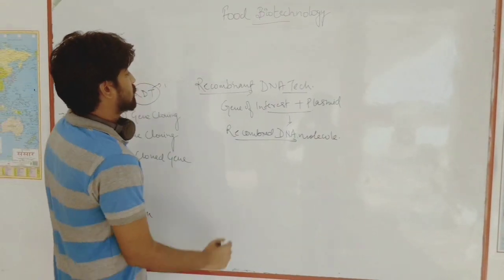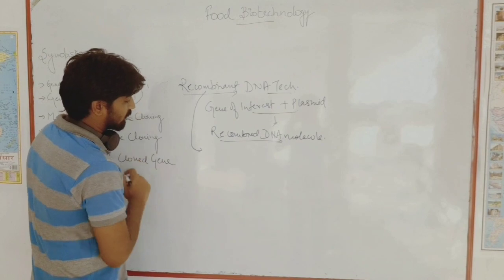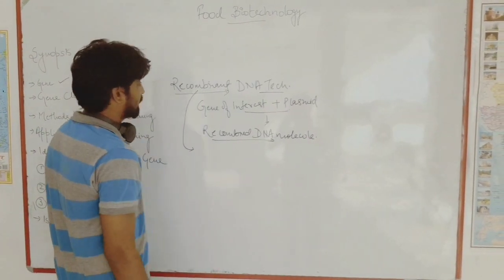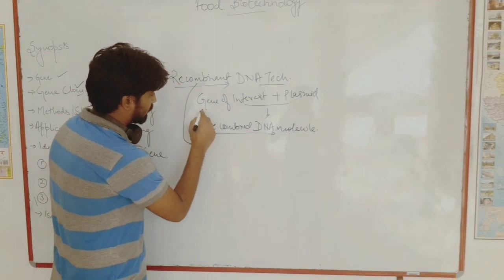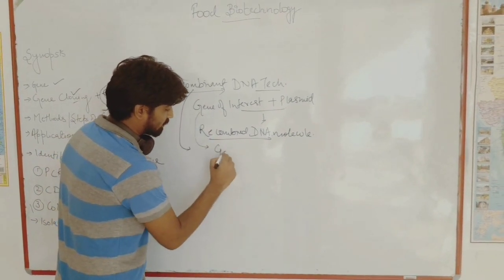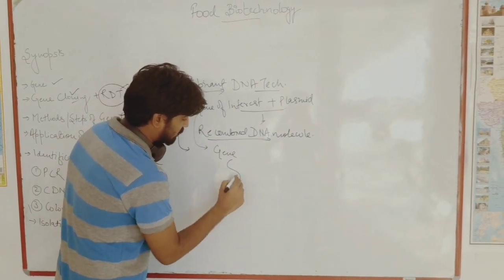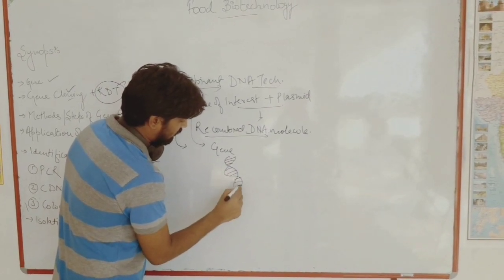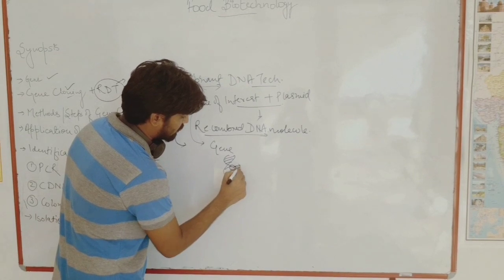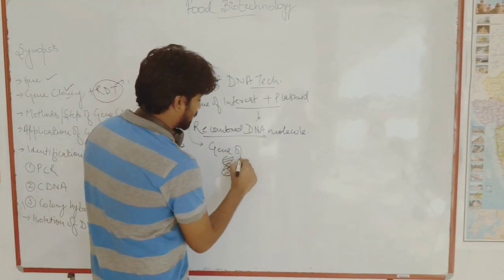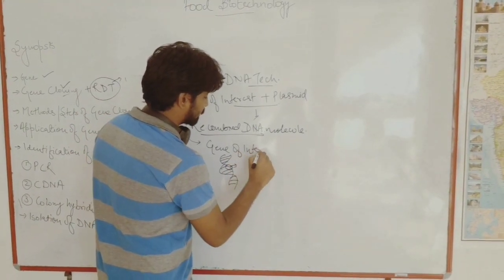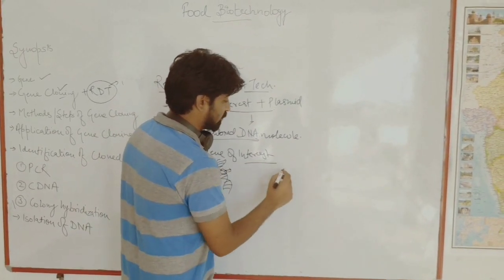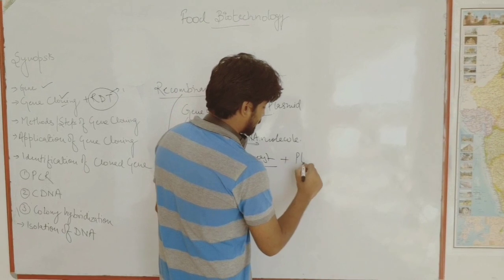Now we'll talk about the steps of recombinant DNA technology. We start with the gene of interest, which I'll define in a DNA form. This DNA contains the gene of interest, and this gene of interest will bind with the plasmid.